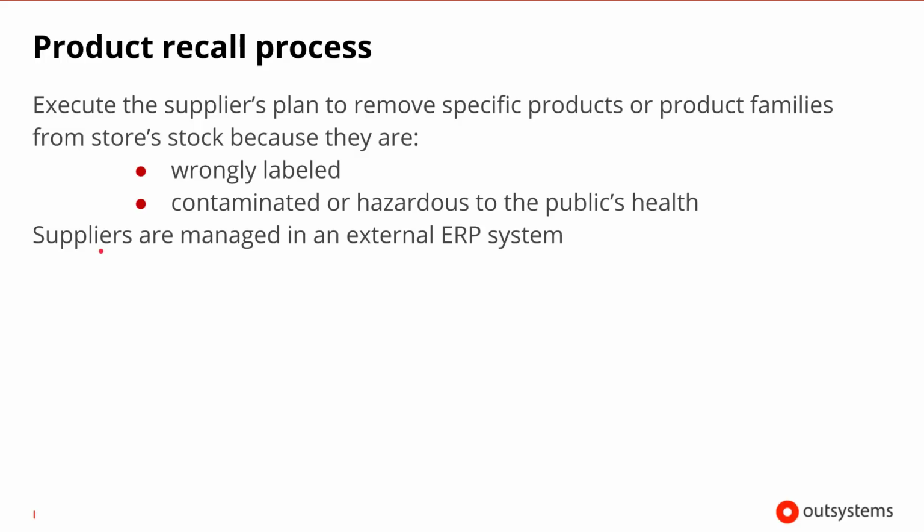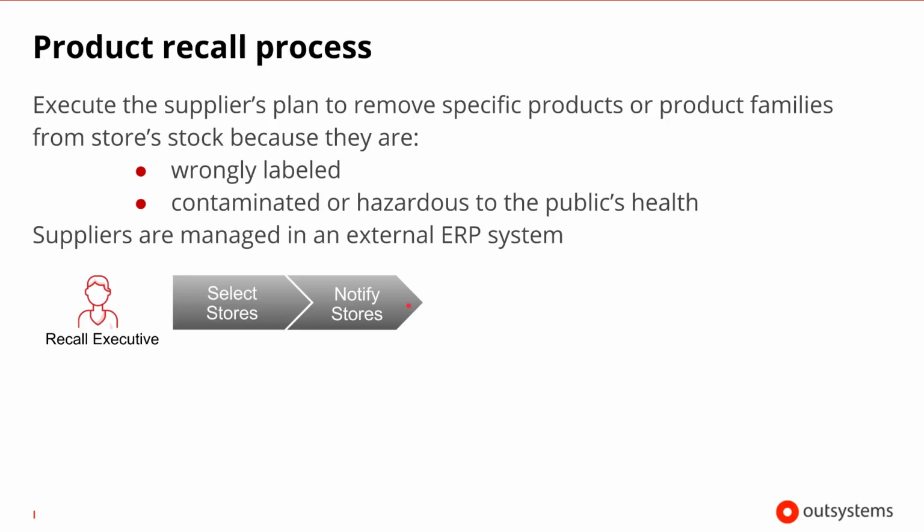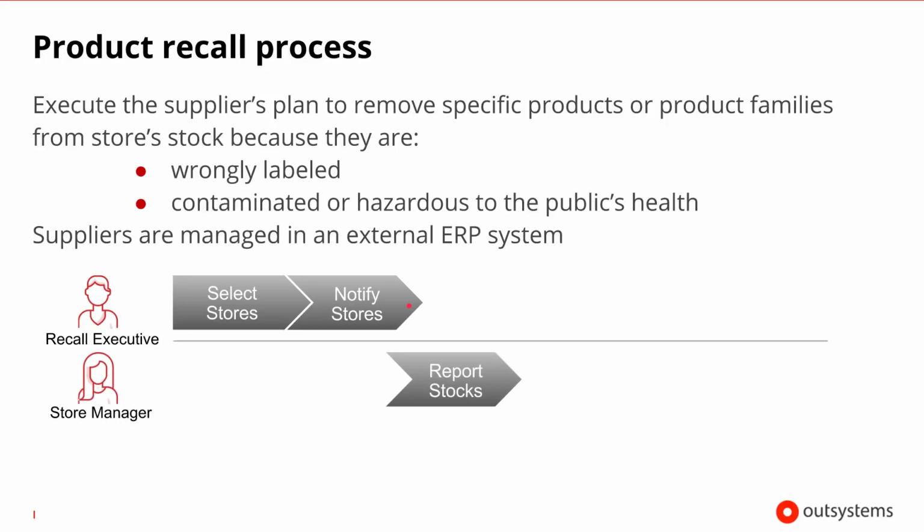We can actually try to get more details by going through step by step what happens in the process and understanding who does what. So let's try to create a graphical representation of the process. Now we as a company may need a recall executive that's going to select the stores that need to participate in the recall. They'll notify the stores that they have been selected and will be part of the overall recall.